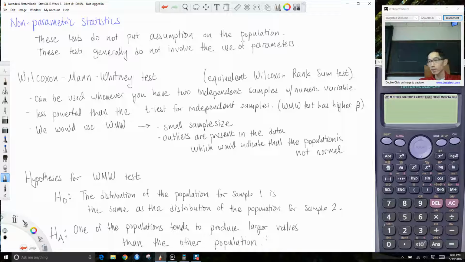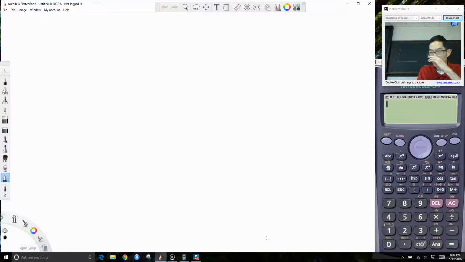Okay, so we'll try out an example. I think this is probably the best way to teach this test. Here, I don't really know how this works, but apparently you can record soil respiration data.